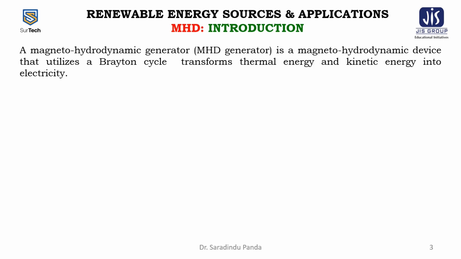The engine cycle is named after George Brayton, the American engineer who developed it, originally for use in piston engines, although it was originally proposed and patented by the Englishman John Barber in 1791. It is also sometimes known as the Joule cycle.